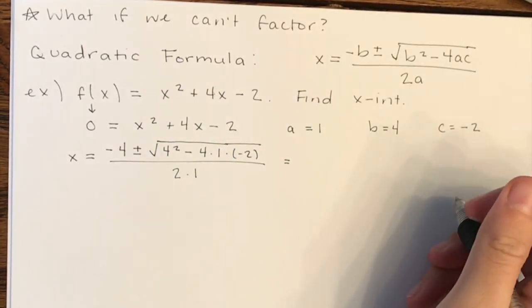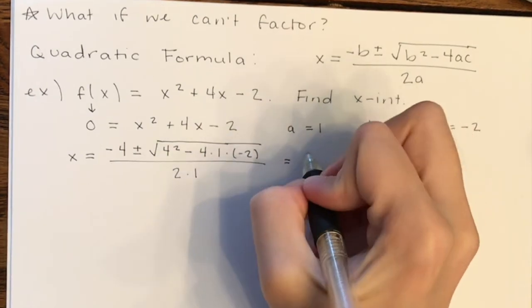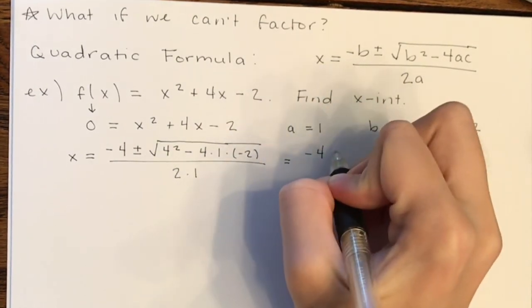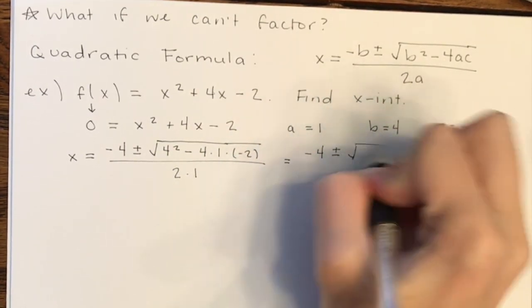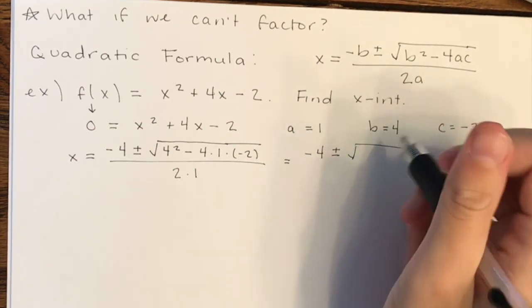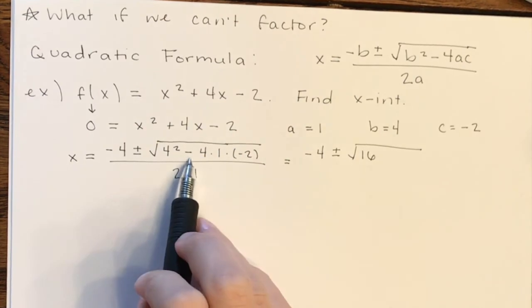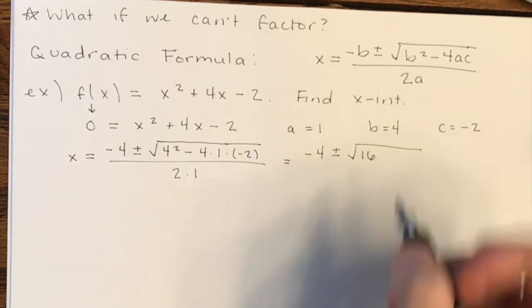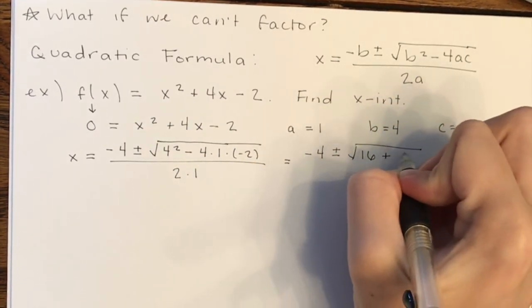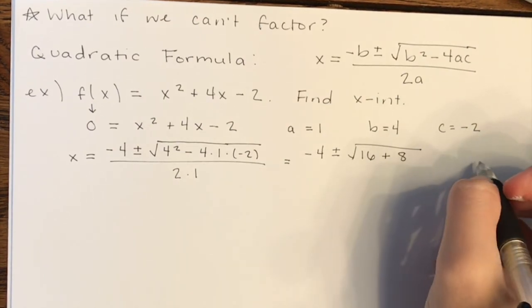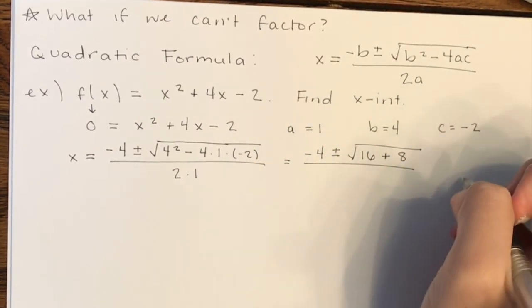All right, and then we can kind of start to simplify. So we have negative 4 plus or minus the square root of 4 squared is 16, minus 4 times 1 times negative 2, that's actually plus 8, right? Divided by 2.